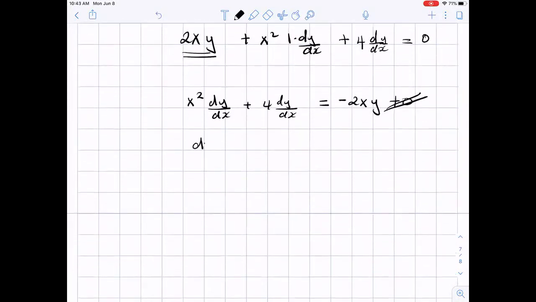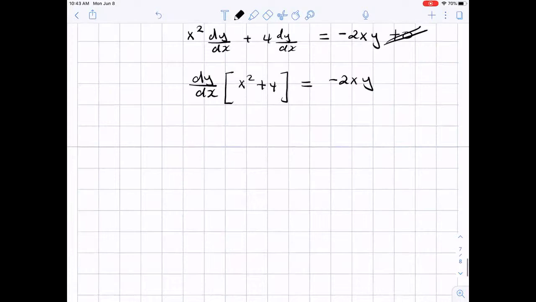Factoring out dy/dx, we have x squared plus 4, and that is equal to minus 2xy. So finally we have dy/dx is equal to minus 2xy over x squared plus 4.